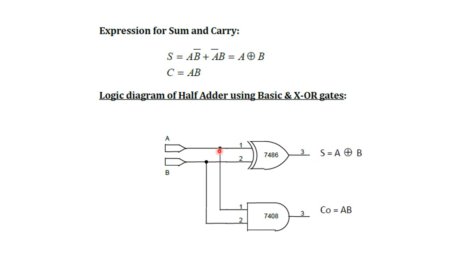Next, to implement the carry, an AND gate is required. The AND gate IC is 7408. Pins 1 and 2 are inputs A and B, and the third pin is the output. So here carry out equals A into B. So this is the circuit diagram of the half adder circuit.